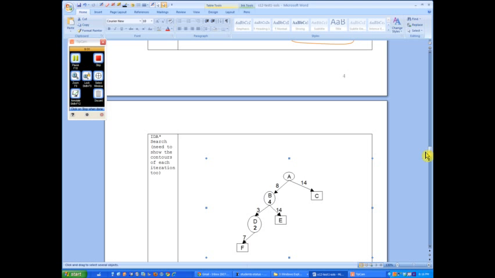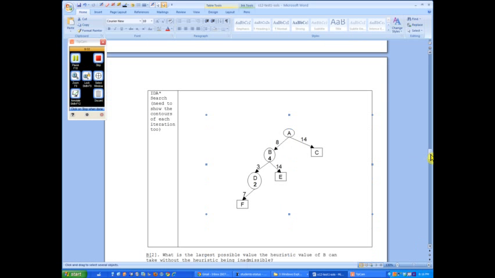Okay, so in this case, when you're doing IDA star, the very first iteration, you have just one little tree A, and you start expanding this tree, and then you will realize that the F value for B is 12 and the F value for C is 14.